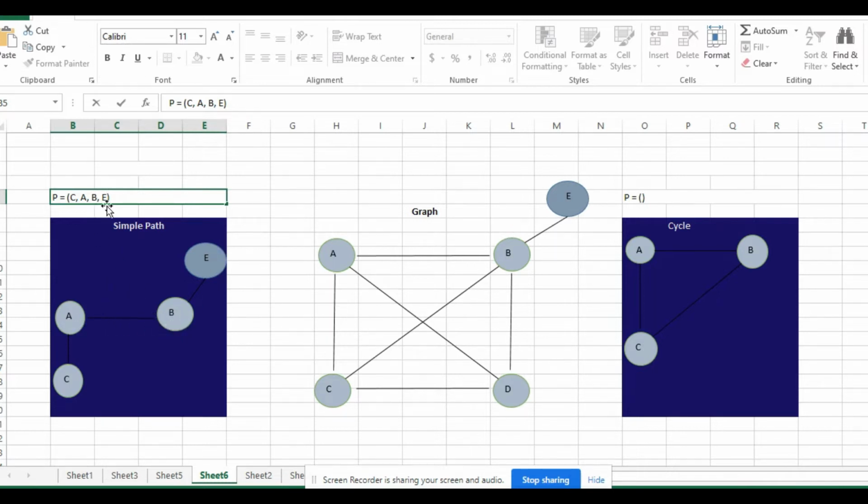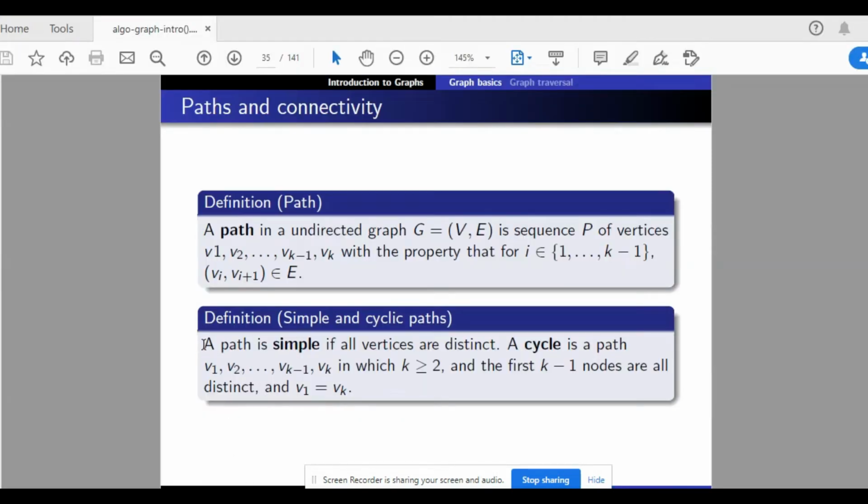Then BE, there's an edge between BE, so BE is also adjacent. So this condition is also satisfied.